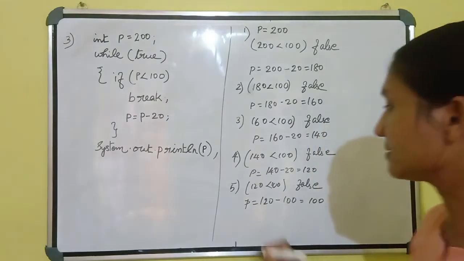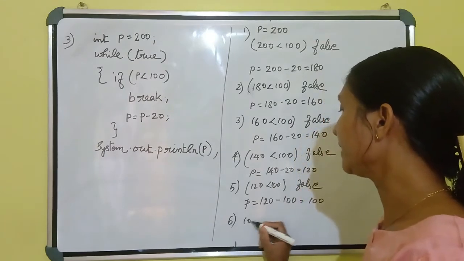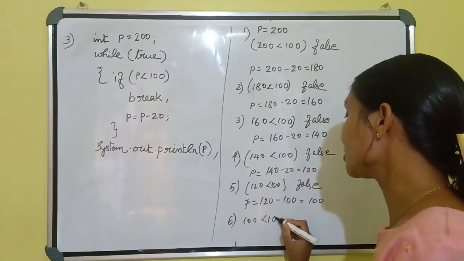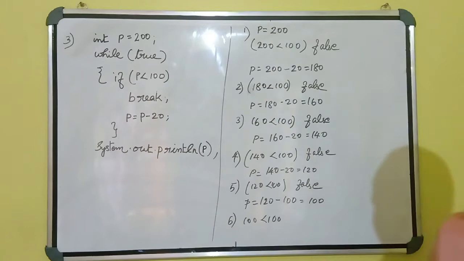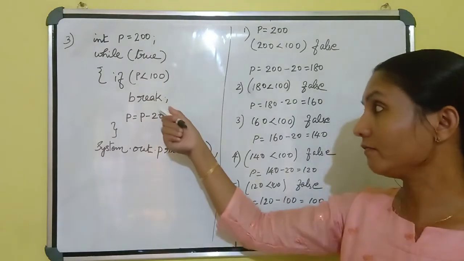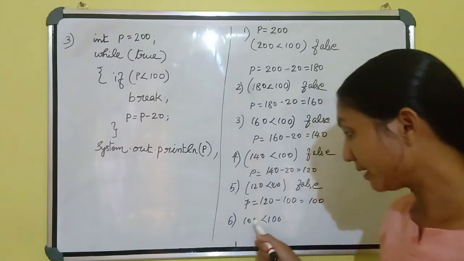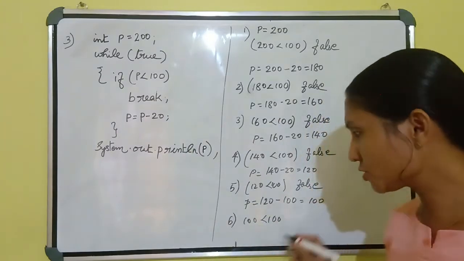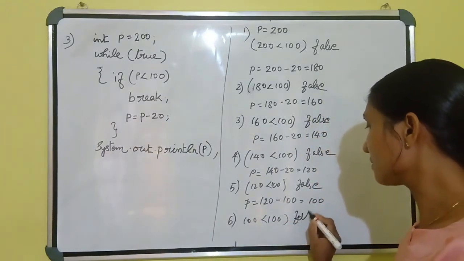Then the sixth time, 100 less than 100. This condition is also false, because only if it were less than or equal to would the condition be met and we would break the program. But 100 less than 100 is false.